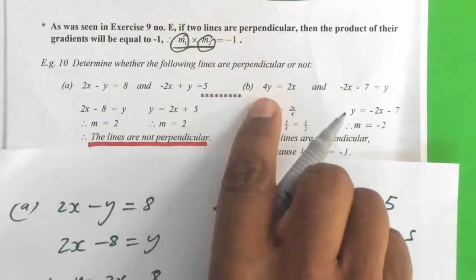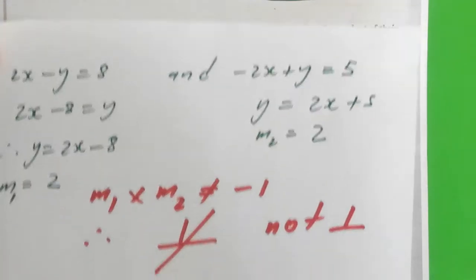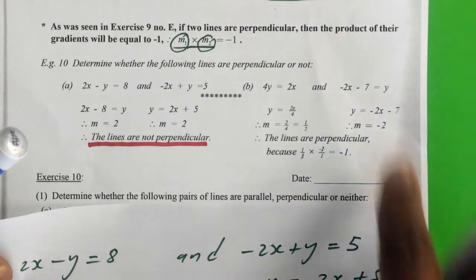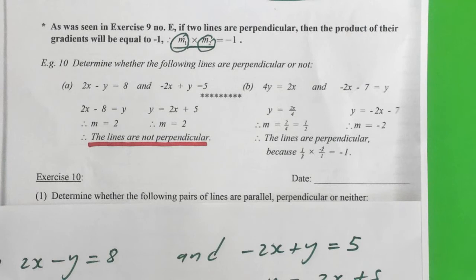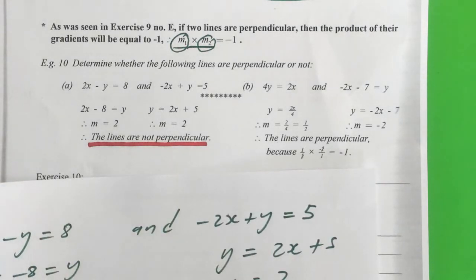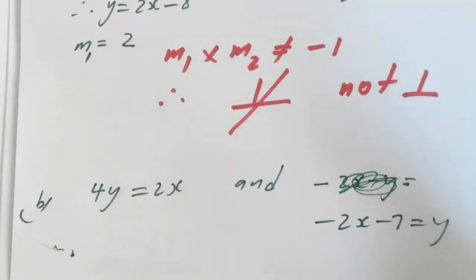B, you have 4y equals 2x, and negative 2x minus 7 equals y. Sorry, what am I doing here? Okay, let's look at exactly that.